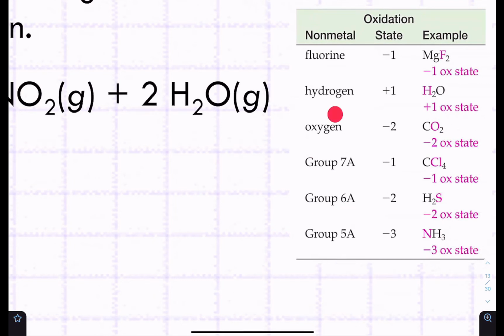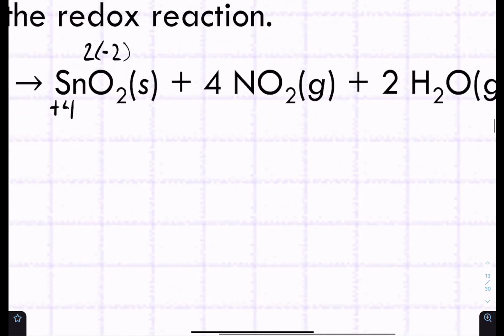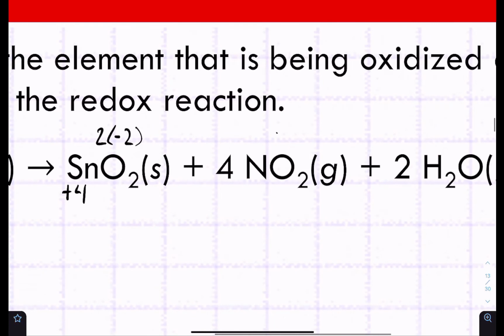So we use the oxidation state of oxygen to figure out what the oxidation state of nitrogen is. So we'll do the same thing where I do 2 times that -2. So the oxidation state of nitrogen is +4. Yeah, +4.